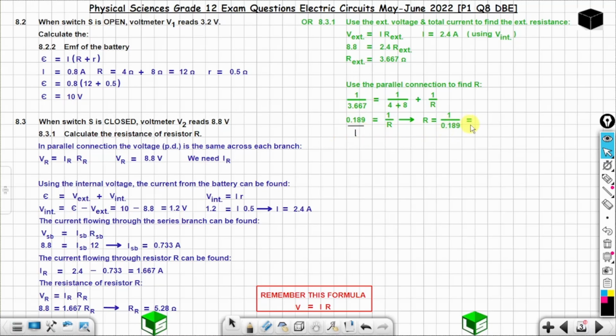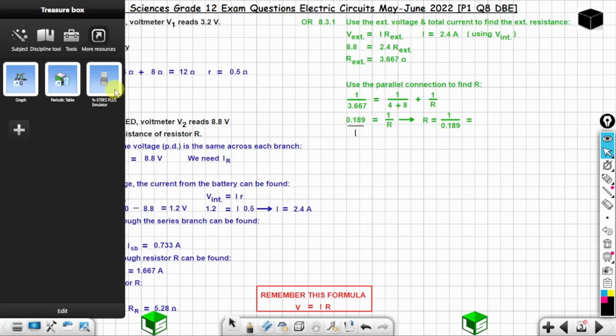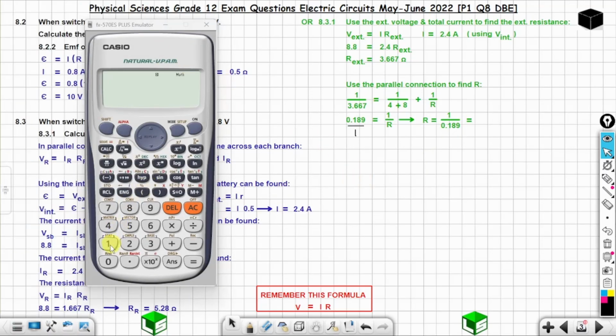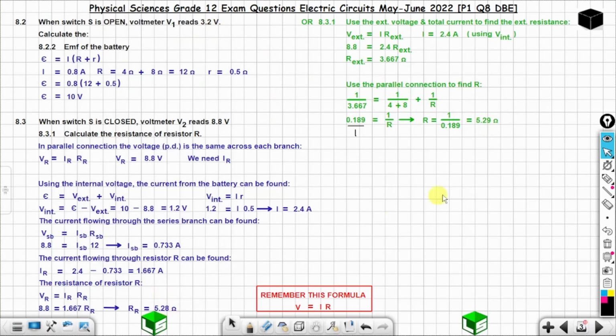You can use your calculator, 1 over 0.189. You have 5.29 ohms. Okay, so can you see?